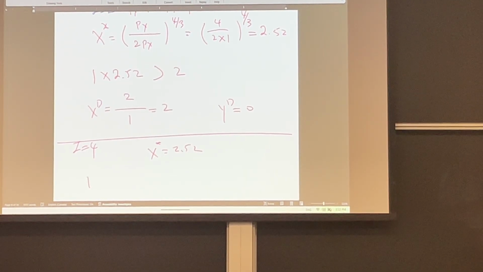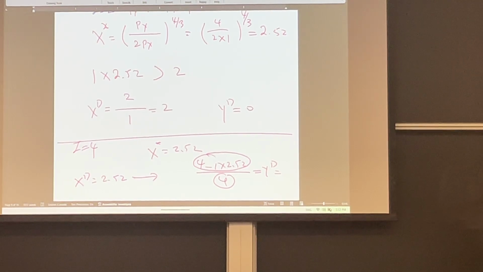Demand for X is 2.52. So this has $4. She spent this amount on X. That is how much Y she will demand. Make sense? That's how much money she's left with. That's the price of Y. That is how much Y she will demand.